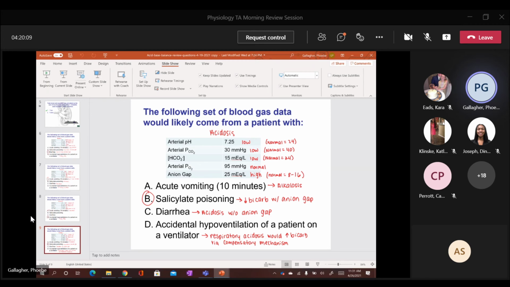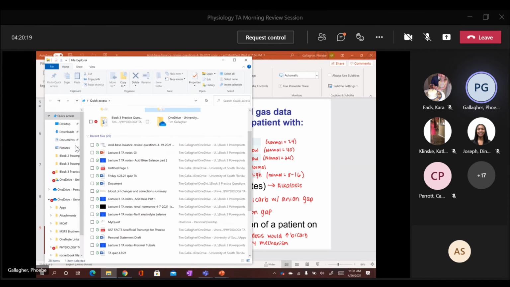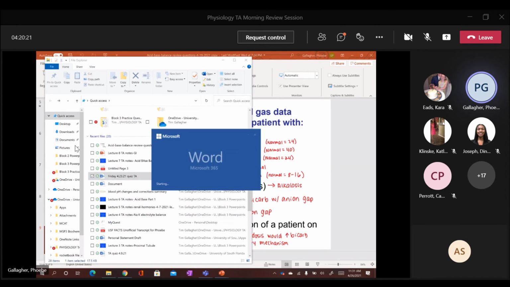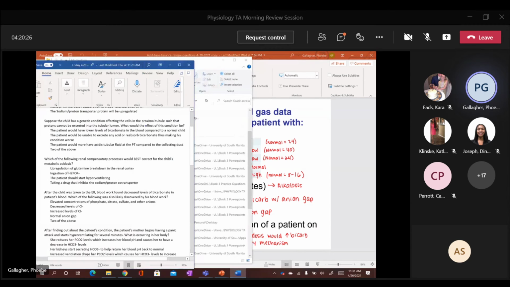Oh yeah, the question about the anion gap. Let me see if I can pull it up real quick. I think it's this one. The question was, after the child was taken to the ER, blood work found decreased levels of bicarbonate in the patient's blood, which of the following was likely also discovered by his blood work.